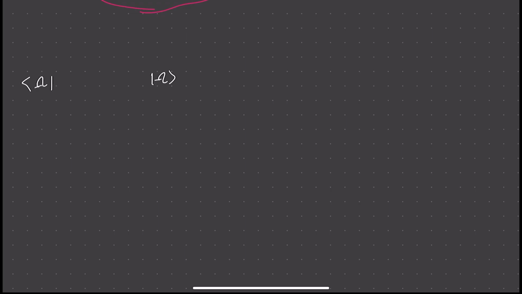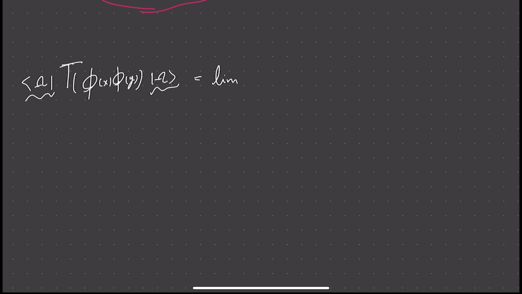In the previous session, we said that if instead of having the free vacuum, we have the interacting vacuum, and you want to calculate the time-ordered 2-point correlator of the interacting field, you're going to calculate a limit like that. So the limit of t goes to infinity, in the form of 1 minus i epsilon, where now we write down everything in terms of free fields.